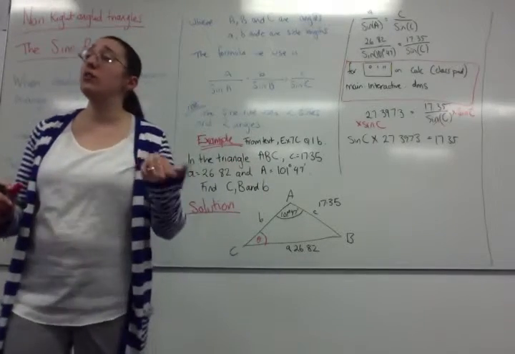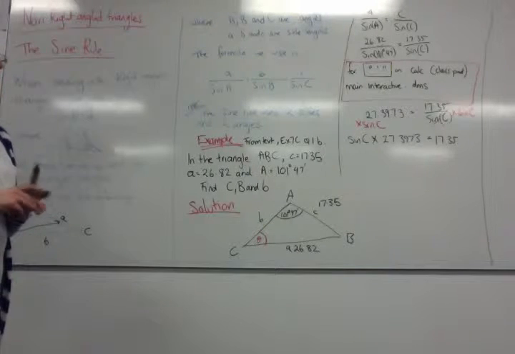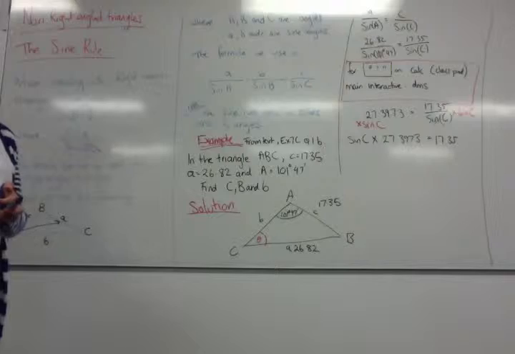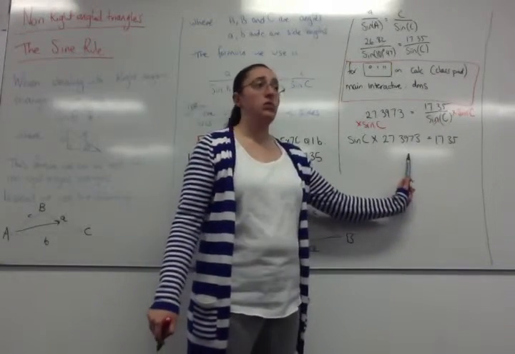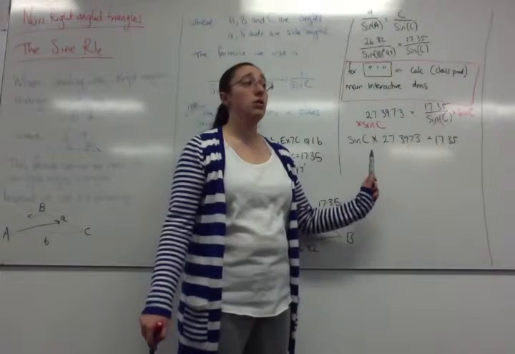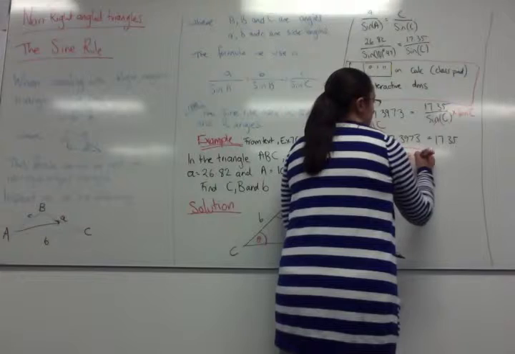Now, how do I get the sine of C by itself? What's the next step? If I'm multiplying, what do I do? Divide. So I divide here by the 27.3973.